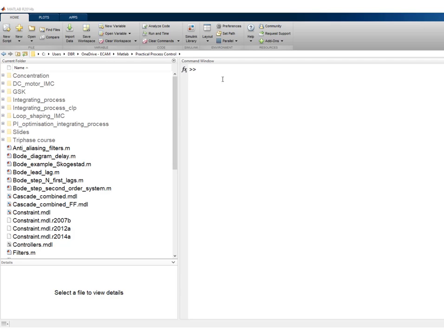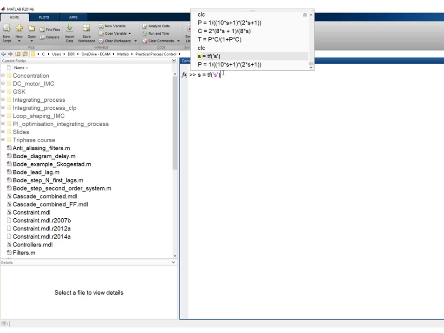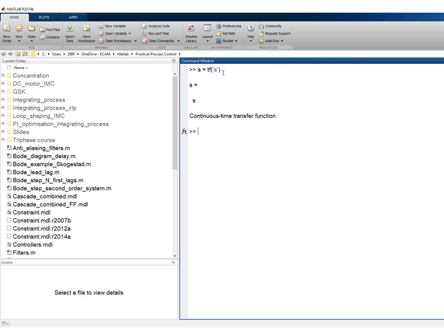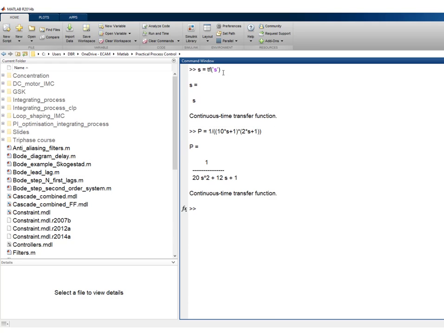Let us look at an example in MATLAB and determine the peak sensitivity. So we'll define the Laplace variable. This is done like this. We can now enter a process, and I will just enter a second order system.